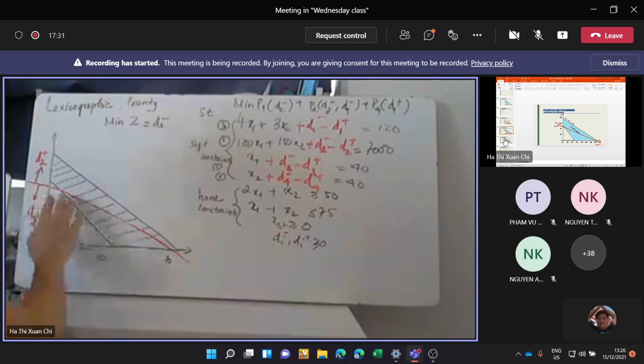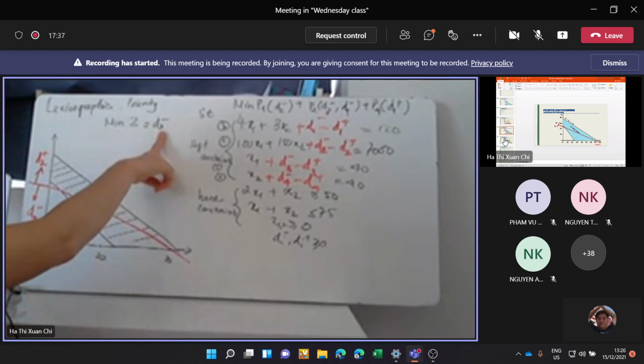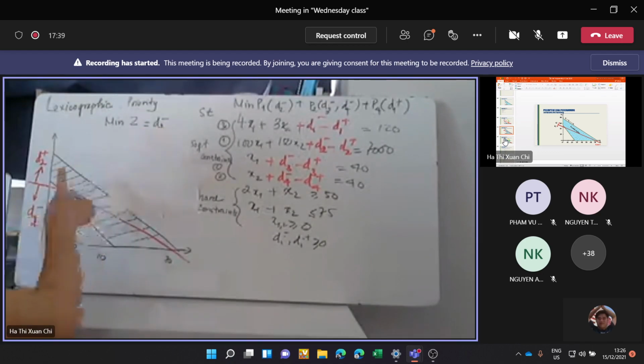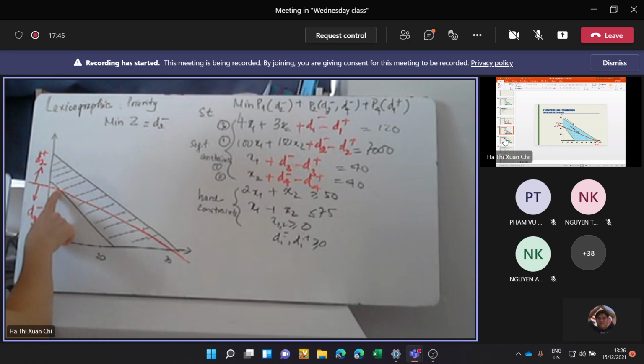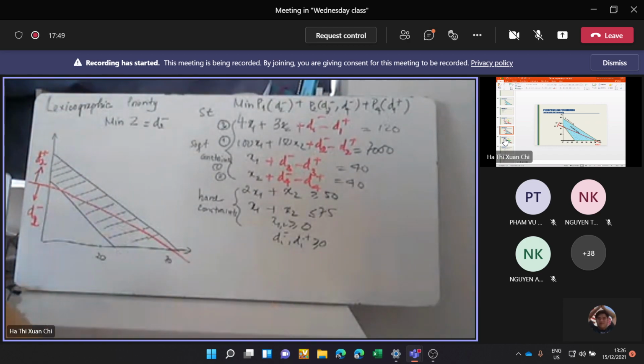So when I draw that one in the model, we want to minimize D2. Minimizing D2 means we try to set them equal to 0, right? If it is equal to 0 here. So why do we know that we should put them equal to 0?